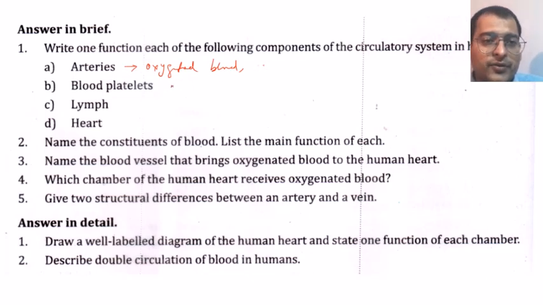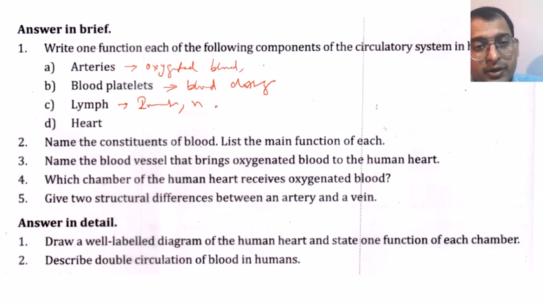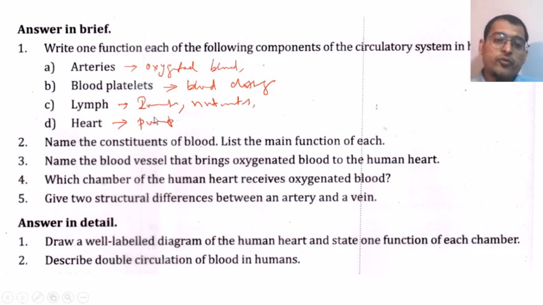Blood platelets help in blood clotting. Lymph, the main function of the lymph is, it has the lymphocytes, therefore it is required for immunity, but it also carries the nutrients, okay, throughout the body. Heart, it is the pump for the cardiovascular system.